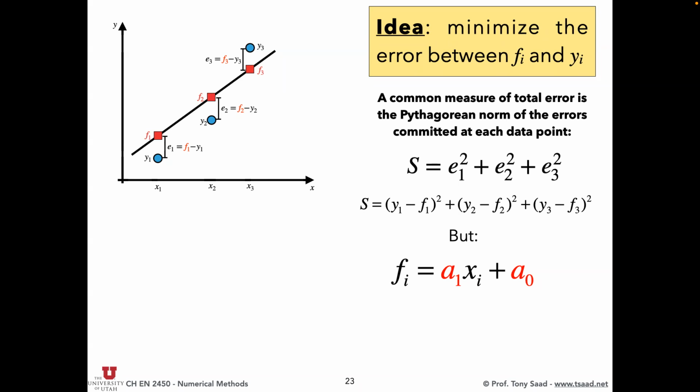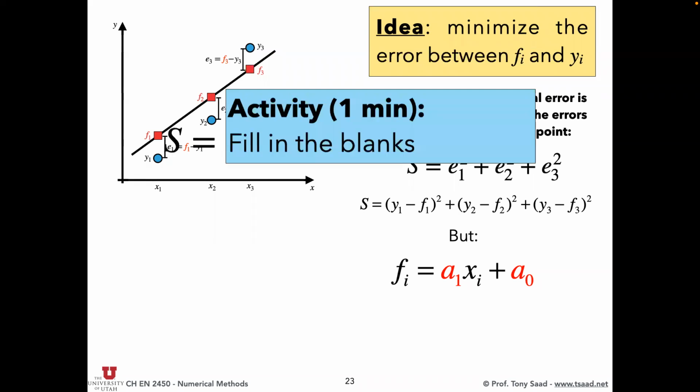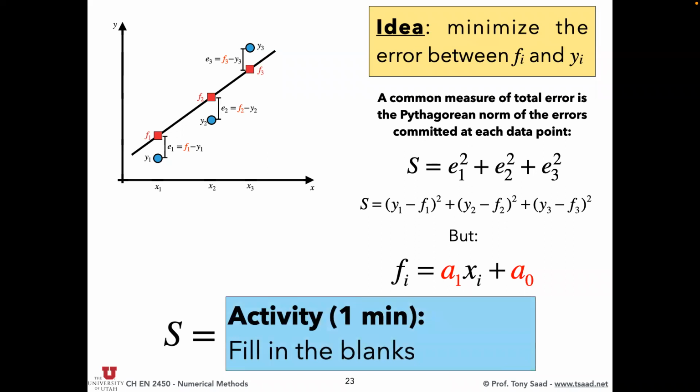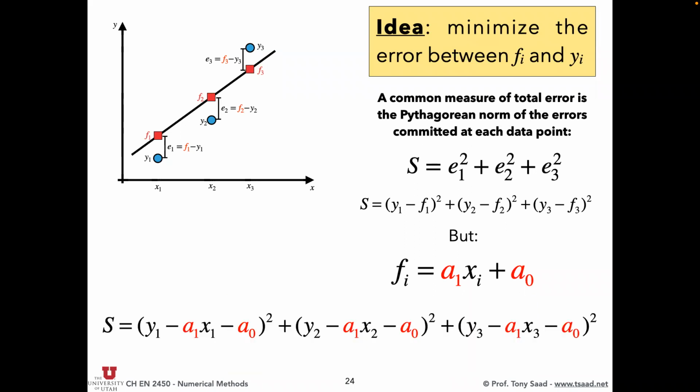For F1, you simply put x1 here, for F2 you put x2, and for F3 you put x3. Remember, F1 is the model prediction at x1, F2 is the model prediction at x2, and F3 is the model prediction at x3. And last Tuesday, we did an activity to fill in the blanks. You all did that, right? And this was the formula we obtained for the error.